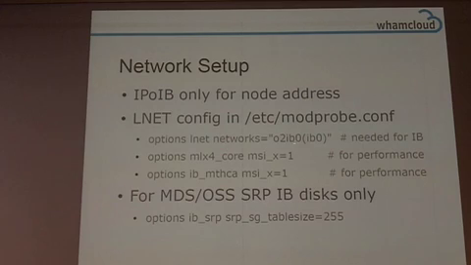Unlike TCP, if you're setting up a very simple Lustre system with a single Ethernet adapter, it will work out of the box. If you're using InfiniBand, you do need to tell Lustre to use the O2IB driver.